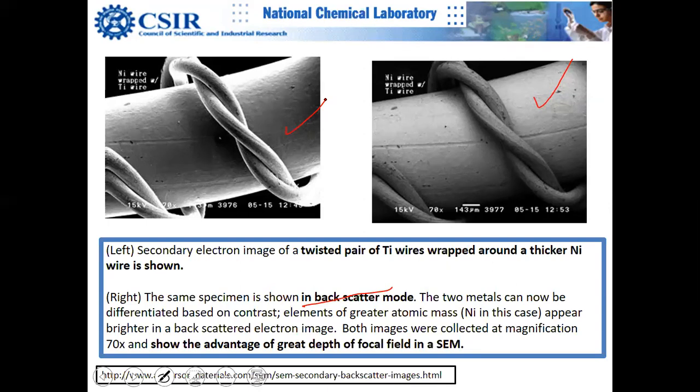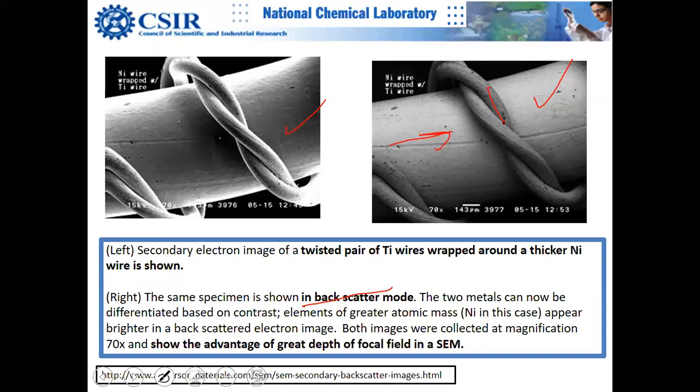Here, a nickel wire is wrapped around a titanium wire. You might be wondering which one is which. Underneath is titanium, and this is nickel. Titanium is Z equal to 22, so it will scatter fewer electrons in comparison.